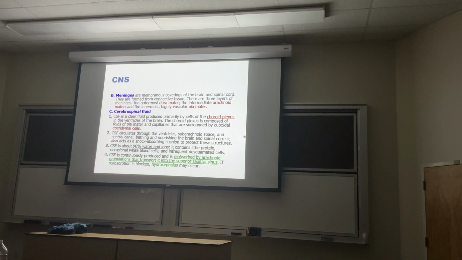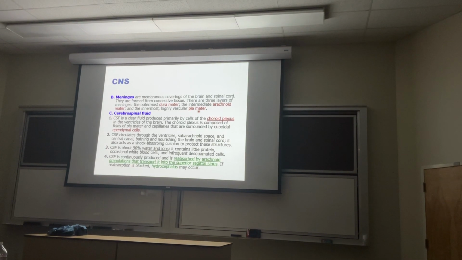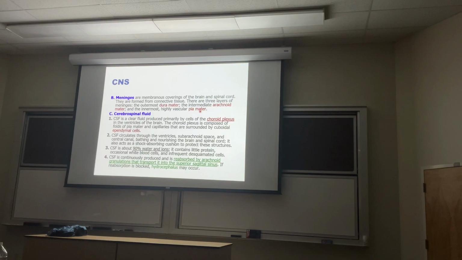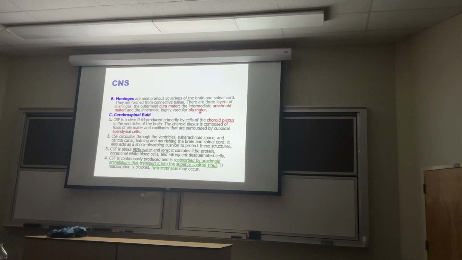The meninges we've mentioned. The superficial is the dura mater, then the middle is the arachnoid mater, and then the innermost, highly vascular pia mater. The brain is highly vascular. Of course, it needs a lot of oxygen and nutrients.